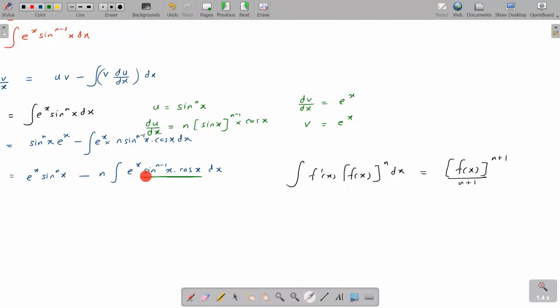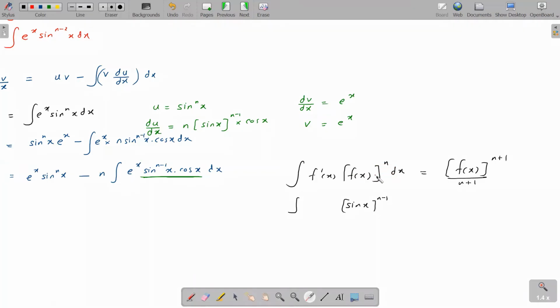Now how do we integrate this? You can see here the sin x is going to be your f(x). Can you see? Sin x, and the power n in this case is n minus 1. I'm just taking this part and rearranging it: sin x to the power n minus 1. And the f'(x) is the differentiation of f(x), right?